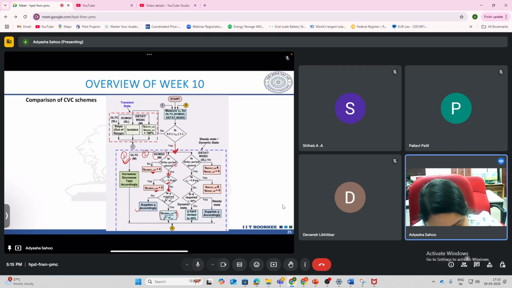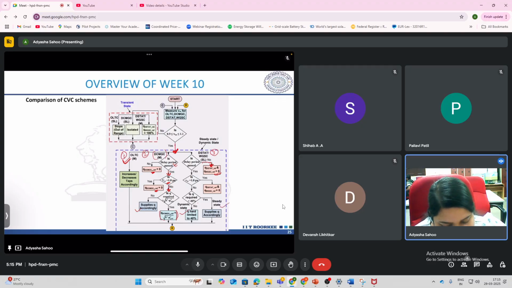Now, after this DC microgrid, the slave lastly is the STATCOM. It will be activated after OLTC and DC microgrid, and if the delay period has not passed, it will wait. It will not provide Q support. Again, similarly, it will check for the required reactive power support, and it will be in the dynamic state or in the steady state.